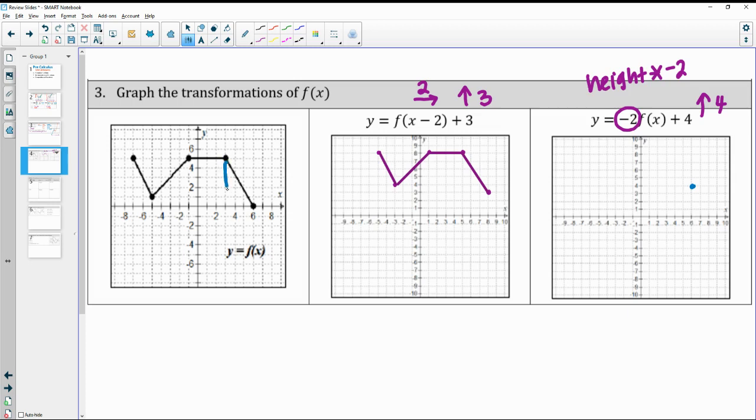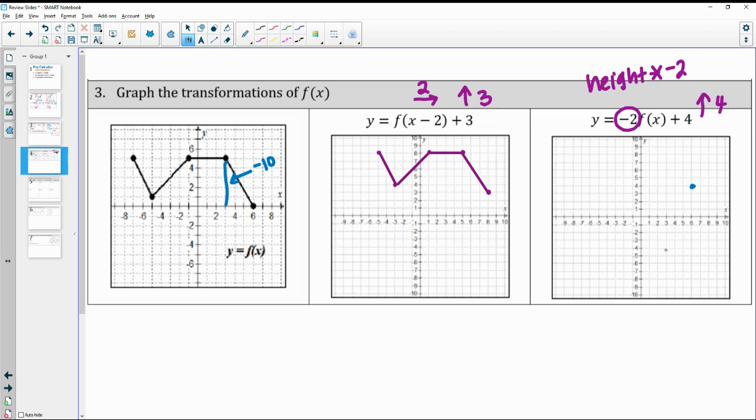This next one here, okay, at 3, 5 is now going to multiply 5 by 2 and really by -2. So this height is now going to become -10, and then we're going to move it up 4. So I'm going to go to the same x value.